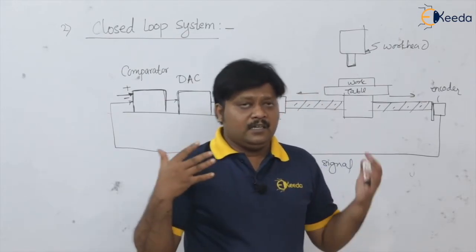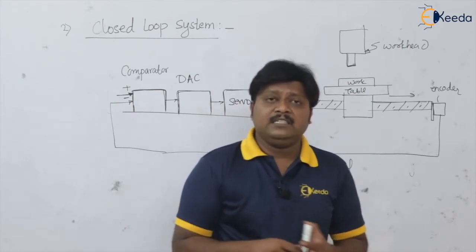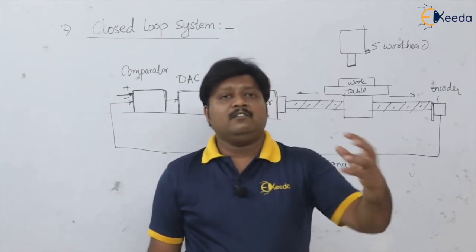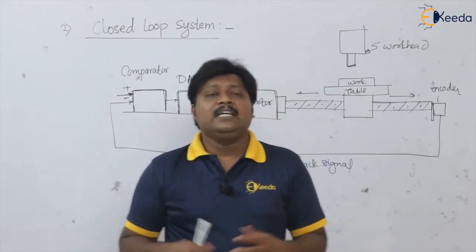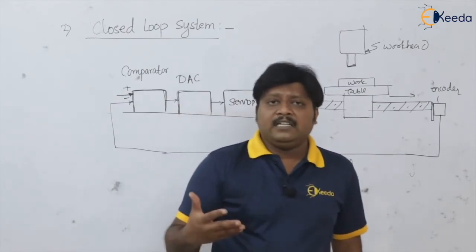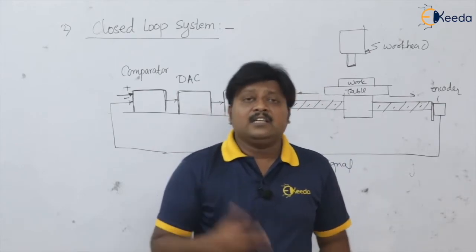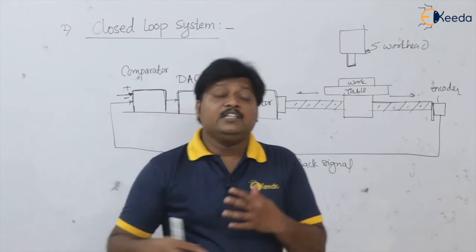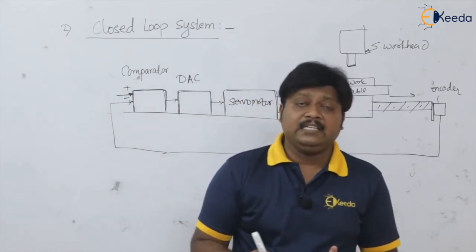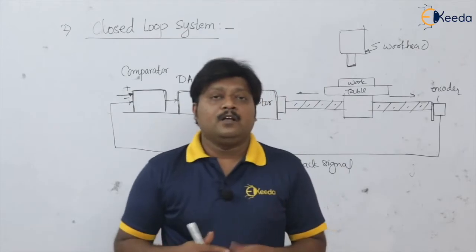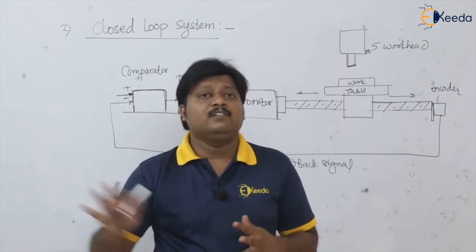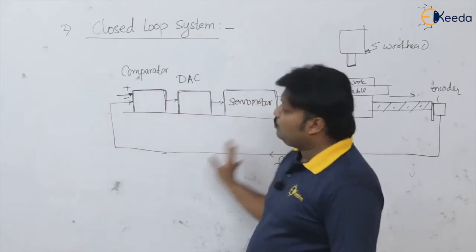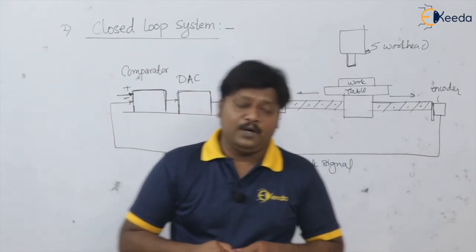It will analyze that information, that is, it will subtract the actual value from the required value, and for the remaining value it will produce the required electrical pulses, and by using these pulses the motor is going to produce the required mechanical energy to move the axis for the required distance. So this is how the closed loop system is going to work.